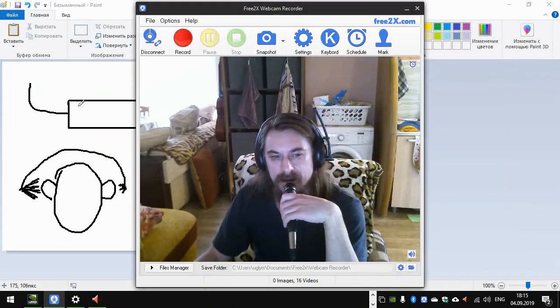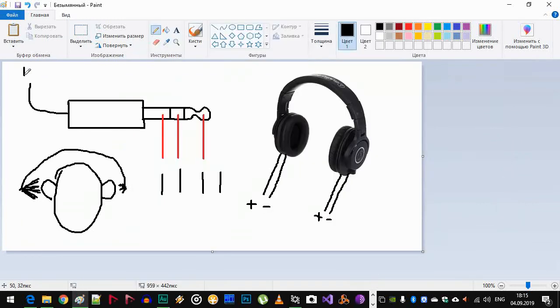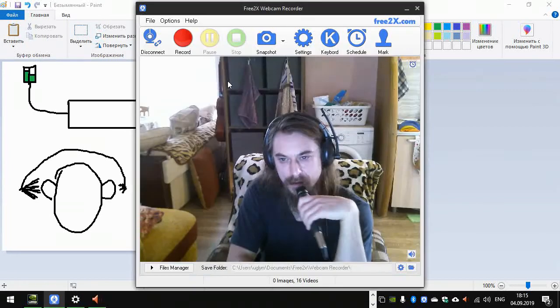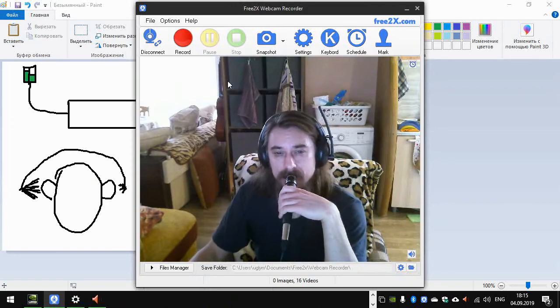Behind this thing lies the stereo processing, stereo channels and other things, all of which are not for sound.